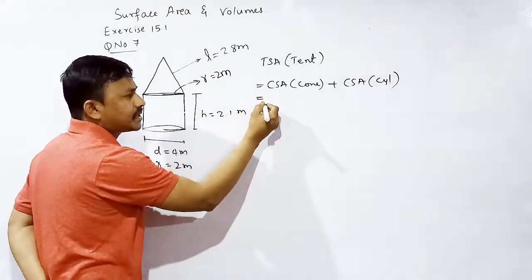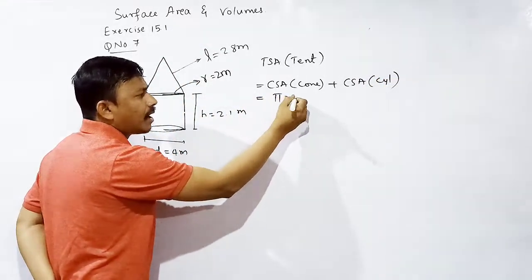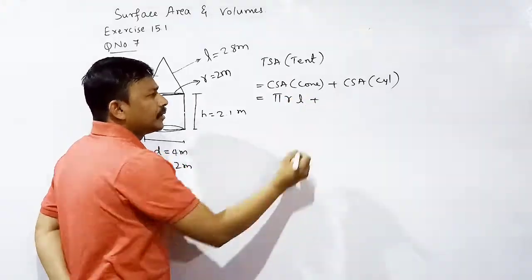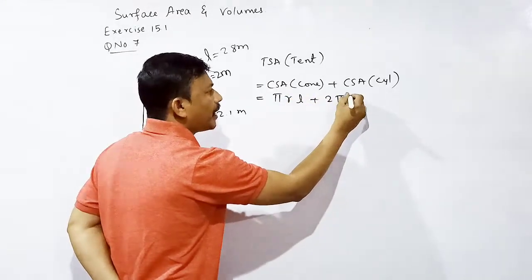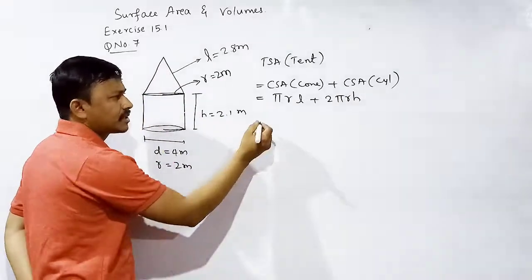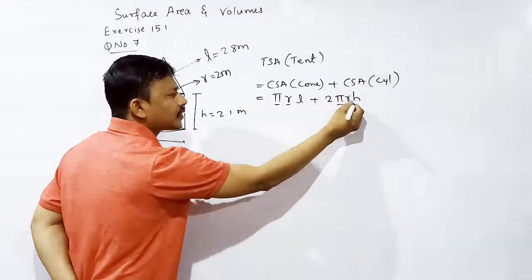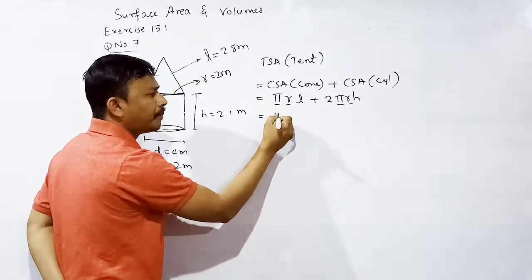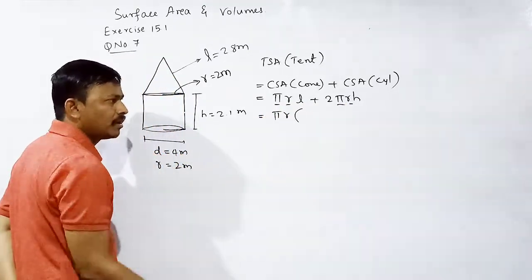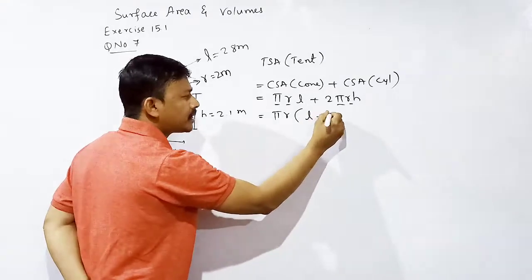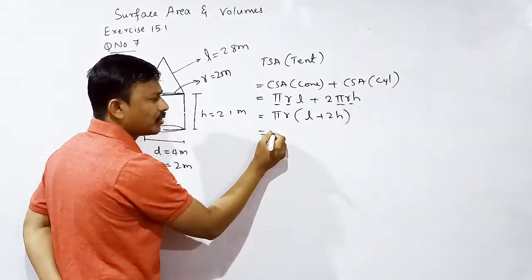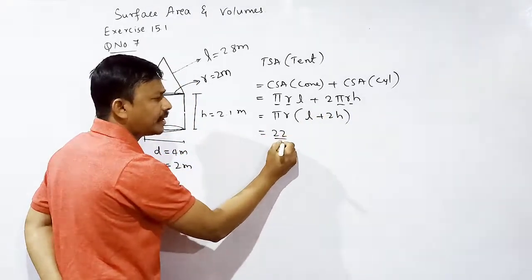CSA of cone is pi r L, CSA of cylinder is 2 pi r h. Since pi and r are common, we take pi r common in bracket: L plus 2h.